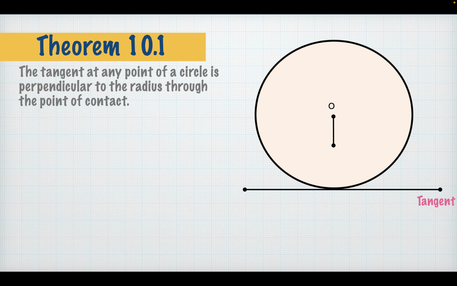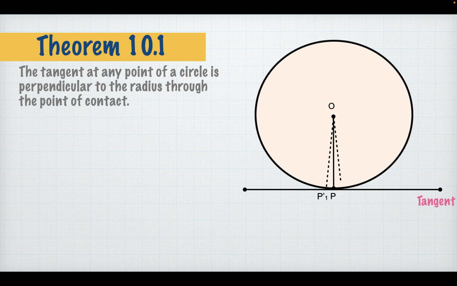So this is the center of the circle, and this is the line that connects the center to the point of contact, and this line is going to be perpendicular. We want to assume that this line is not perpendicular. Now I try drawing other lines. To prove it I just need to draw one line, but I'm showing you so that it's clear, even visibly, that this is not the case.